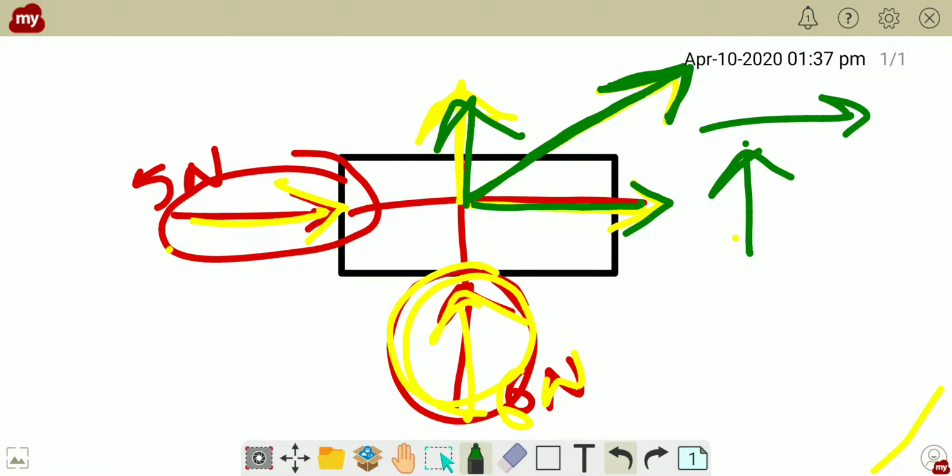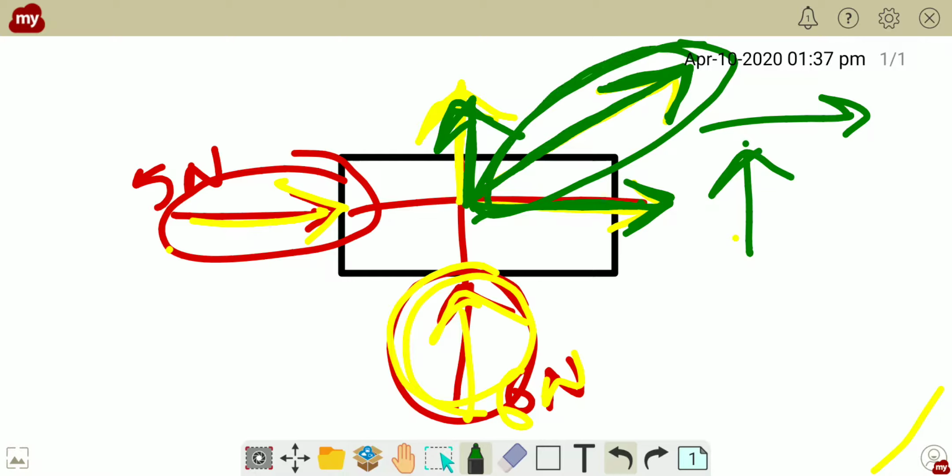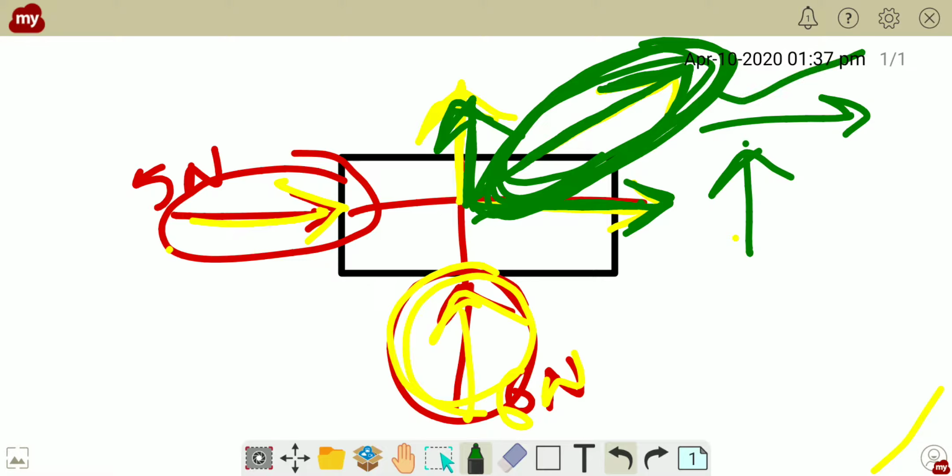So if we represent both the directions in the same single line, this will be the direction and magnitude of the forces. The final resultant, with what force the body is moving in this direction with the help of these two forces, is nothing but the resultant. Right? Hope you understood.